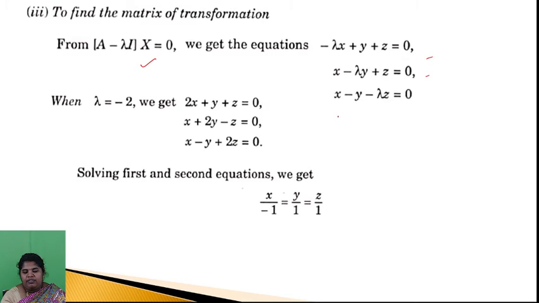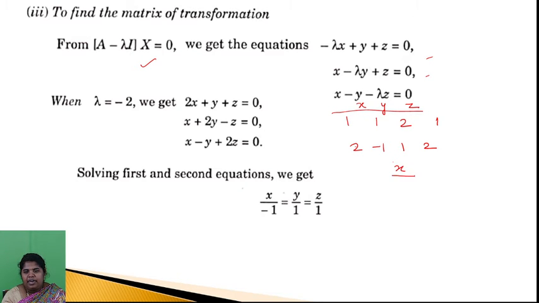So write from the coefficient of y. The coefficient of y is 1, z is 1, x is 2, again y is 1. Similarly, from the second equation: 2, minus 1, 1, 2. Now take the cross multiplication. So this is the value of x, this is y and this is z.